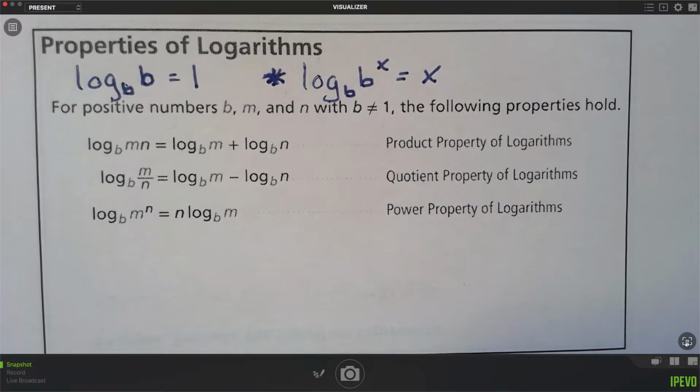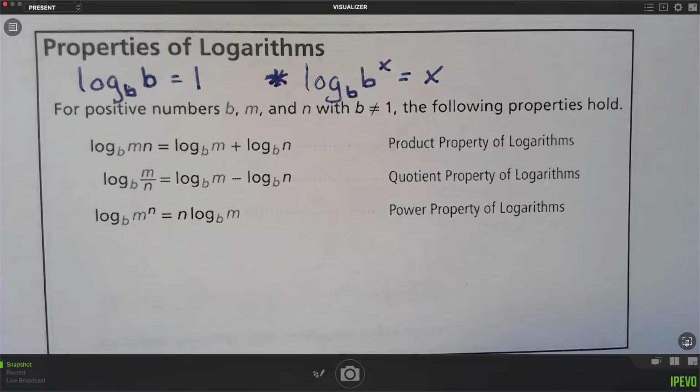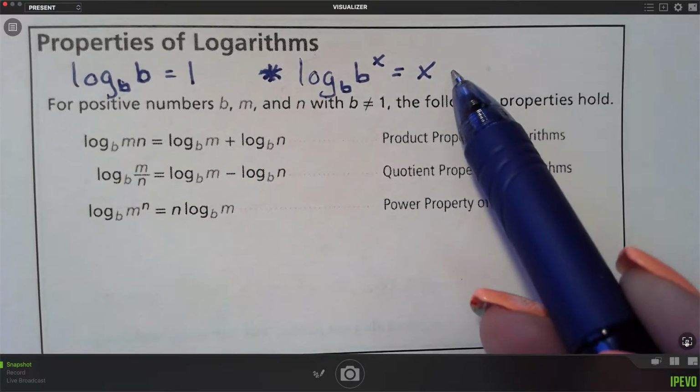My expectation is by the time you're done with your assignment today, you know these 4 rules and can use them because you need to know them and use them to do tomorrow. Okay? There's 4, and this one up on top. So the purpose of your assignment is to use these over and over and over.